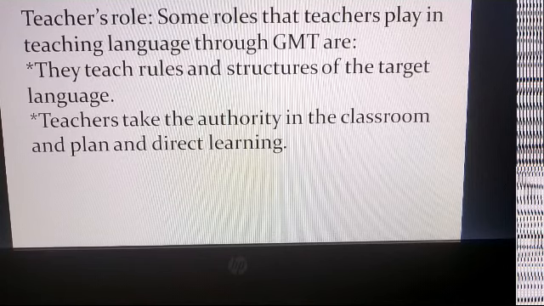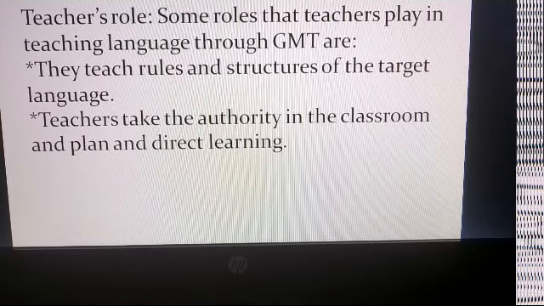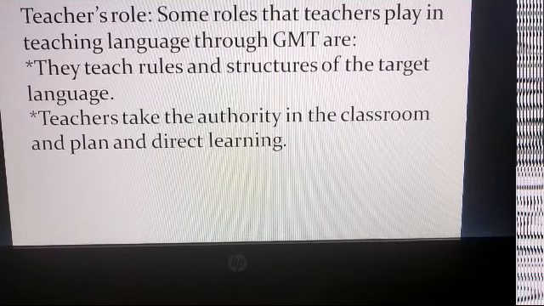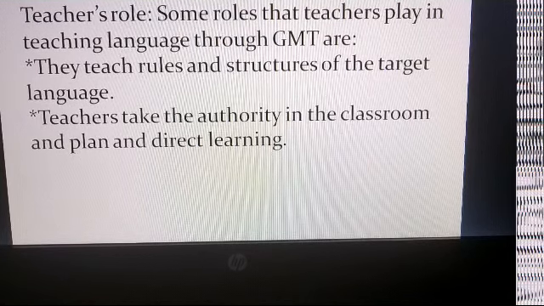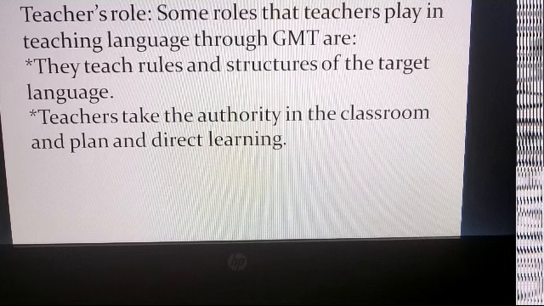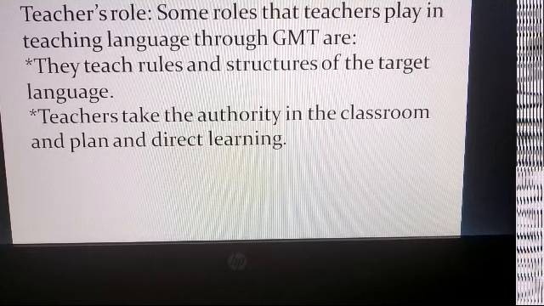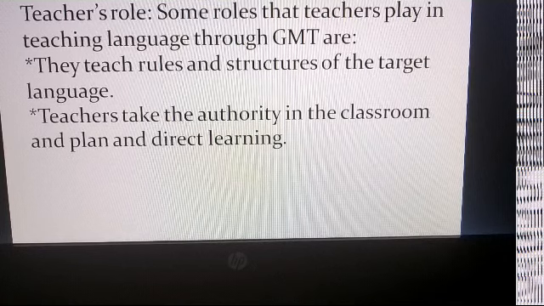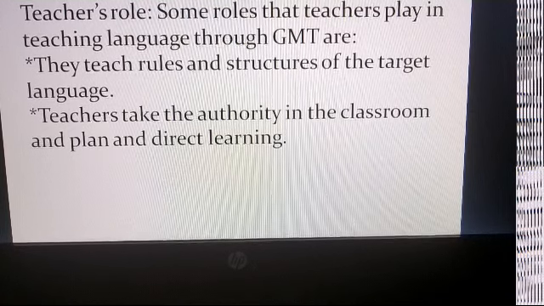Number 2, teachers take authority in the classroom and plan and direct learning. A teacher has to make a plan of what he will do in the classroom, what techniques he uses in the classroom. So the total authority depends on the teacher.